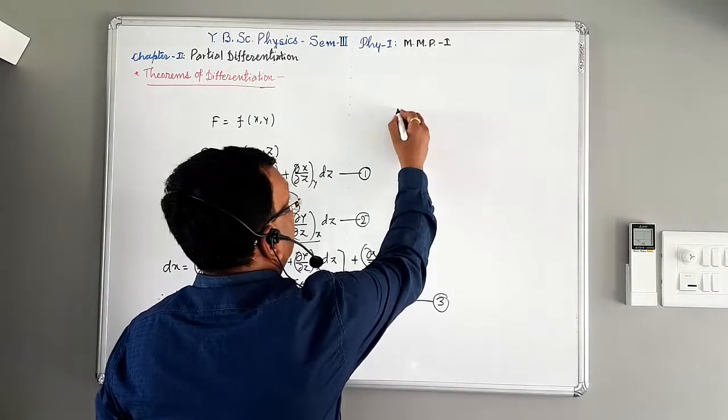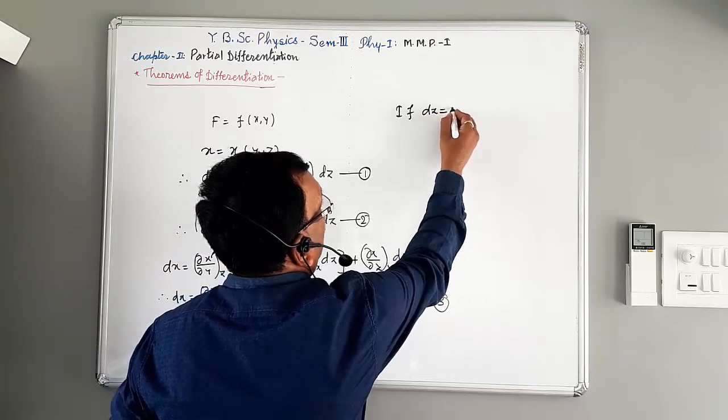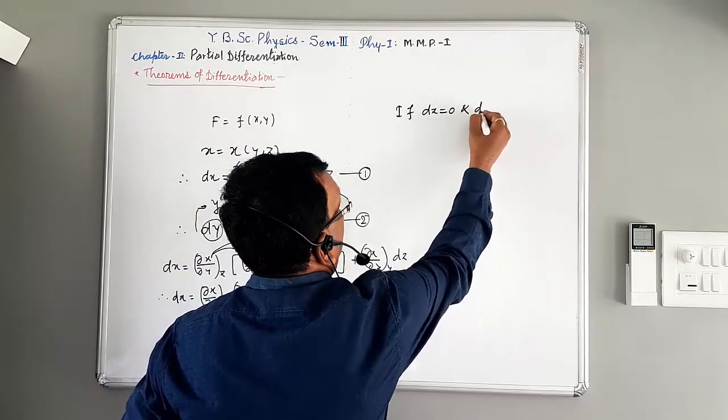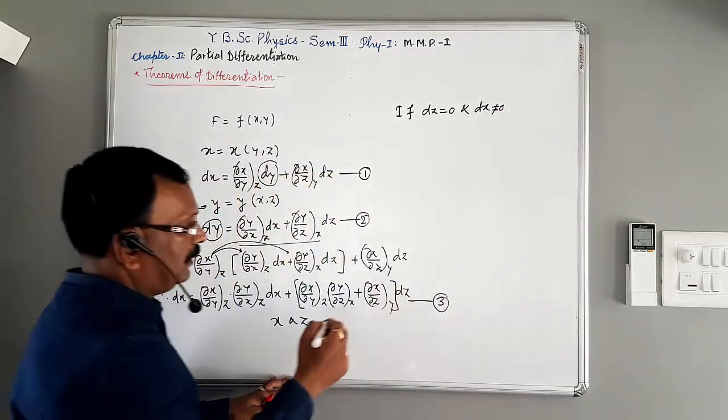First case: choose dz is equal to 0 and dx is not equal to 0.